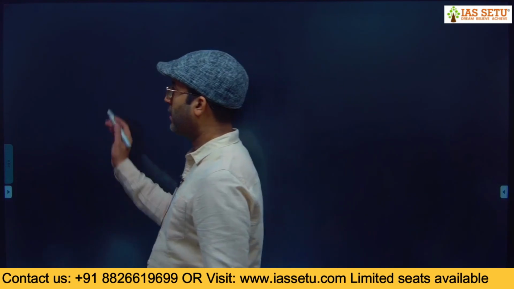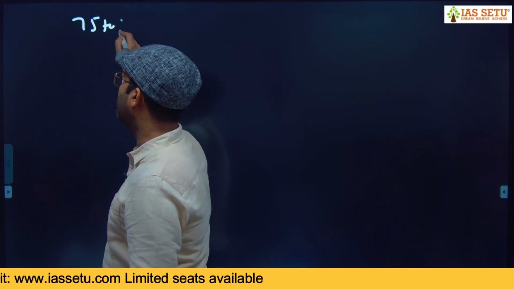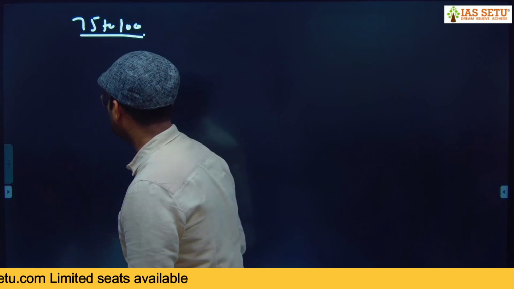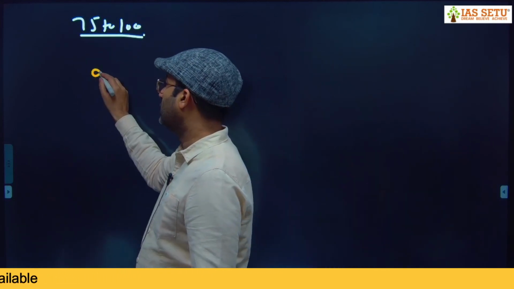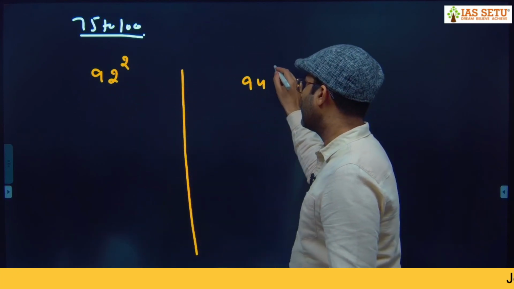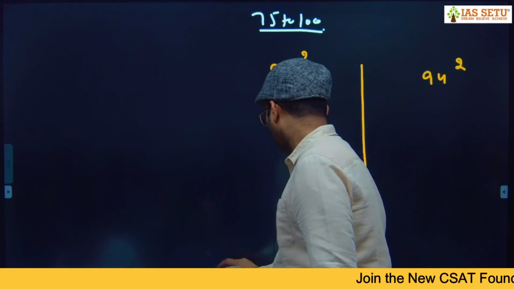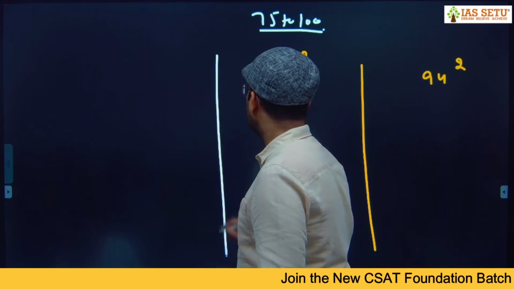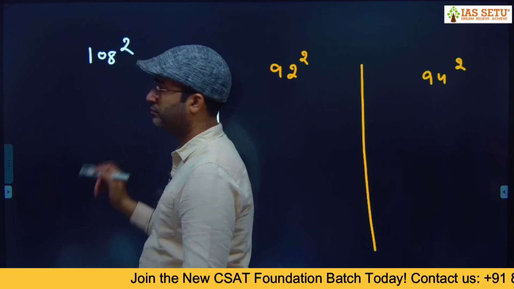Now I have taken 100 to 125 actually. Until now I took all values from 100 to 125. Now I take 75 to 100. Like here, 92 square, 94 square. Now we just compare with 108 square.